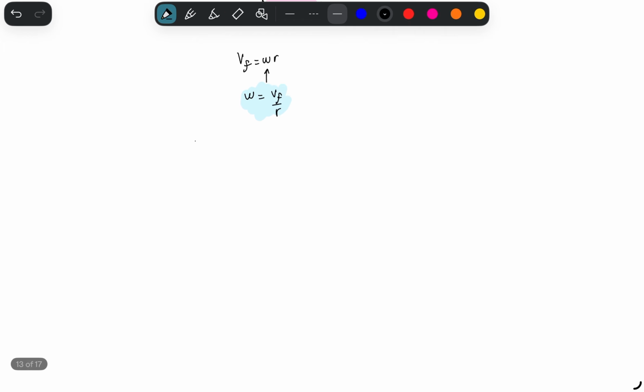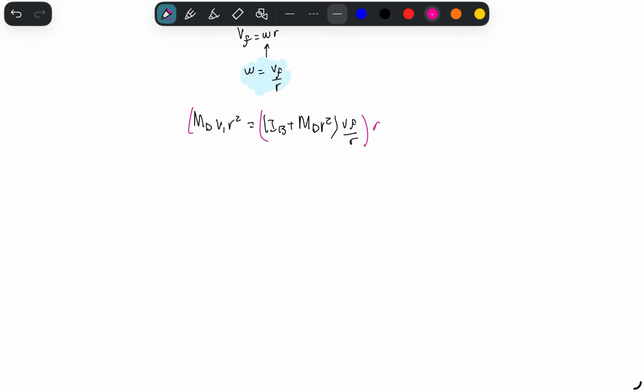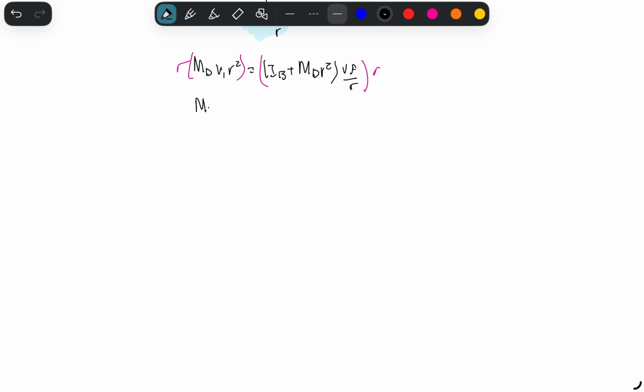So this is going to turn out to be md v r on one side. Now you multiply both sides by r, and then for vf, we get this.